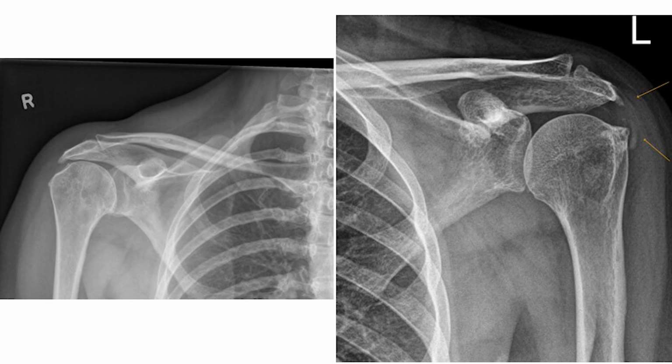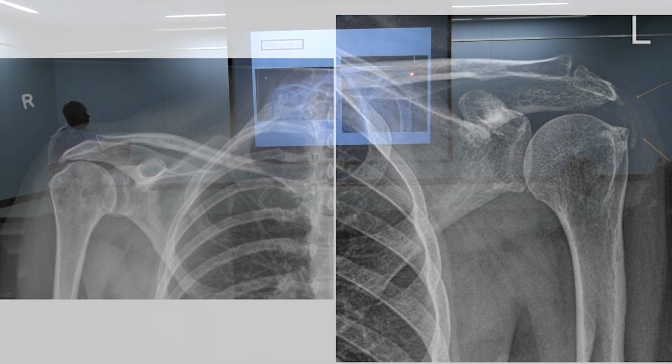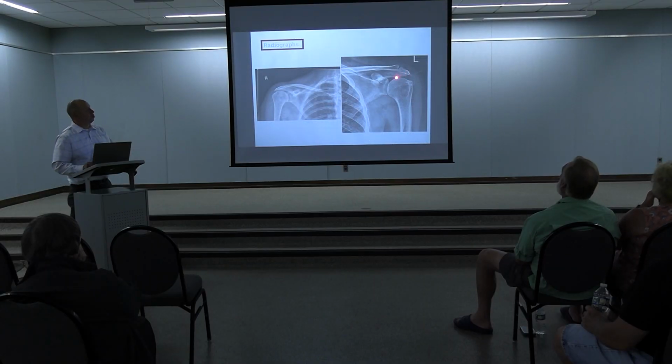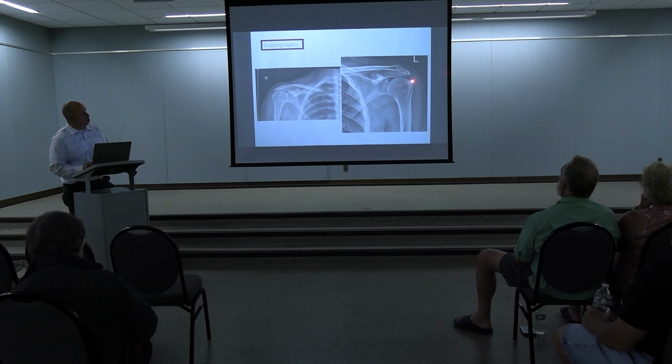That narrowed space causes irritation of the soft tissue, including the rotator cuff. Over here on the right, you can see a little bone spur at the end of the shoulder blade again, the acromion. You can see some faint calcification in the bursa or the soft tissue overlying the rotator cuff here. And those can all be sources of pain.